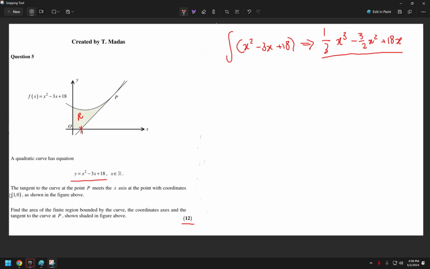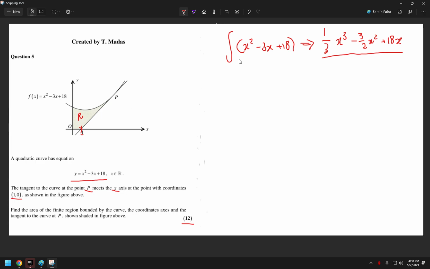Now we're given that the tangent to the curve at the point P meets the x-axis at the point with coordinates 1, 0. But we need the entire equation of the line. If we differentiated the curve and subbed in P, which we do not have, we would get the gradient and therefore solve for the equation of the line.